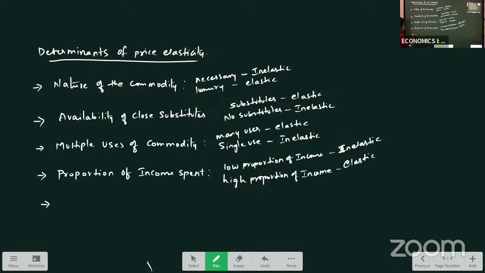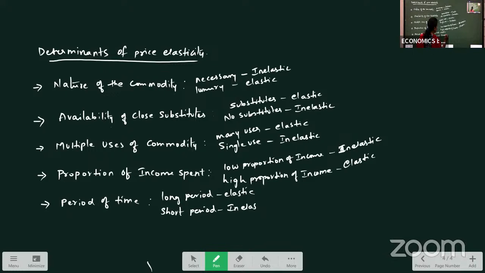So here another determinant is period of time. If you're using the product in the long run, the longer the time period considered, the greater will be the substitution. So if the time period is long, there will be elastic demand. If the time period is very short, then there will be inelastic demand.